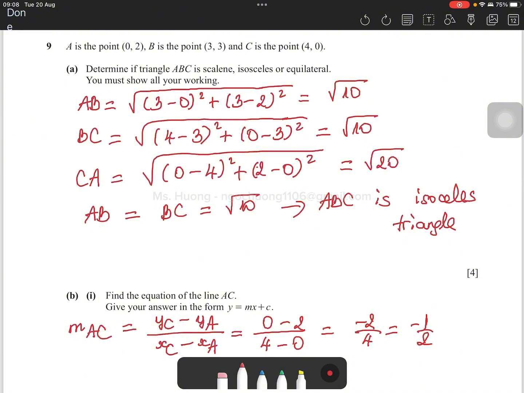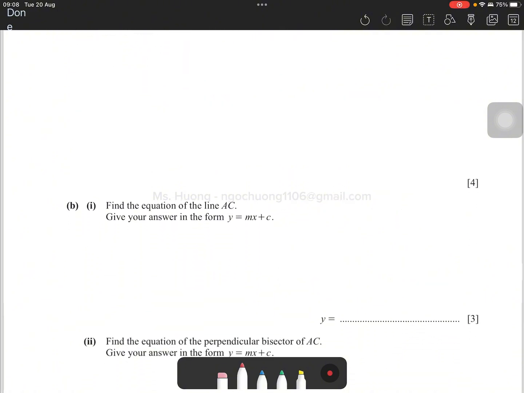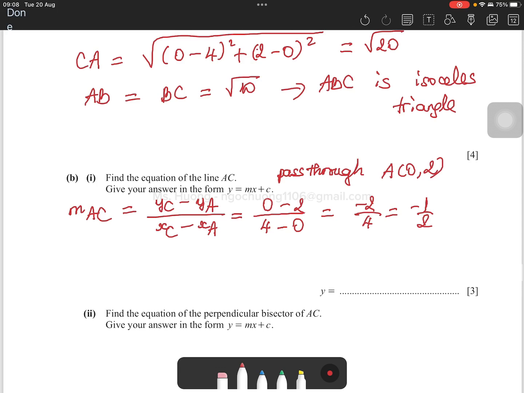And we know that the line AC also passes through the point A or the point C. But in this case, I will choose A, (0, 2). So this means the y-intercept is 2.